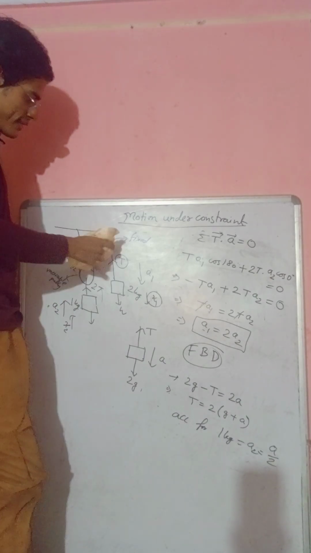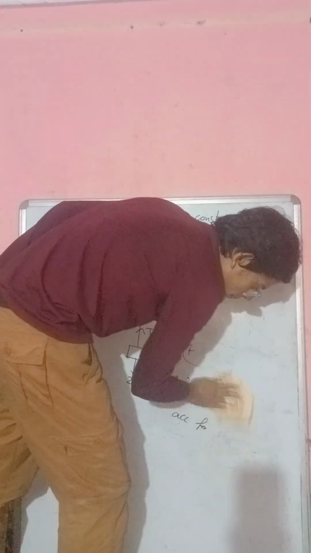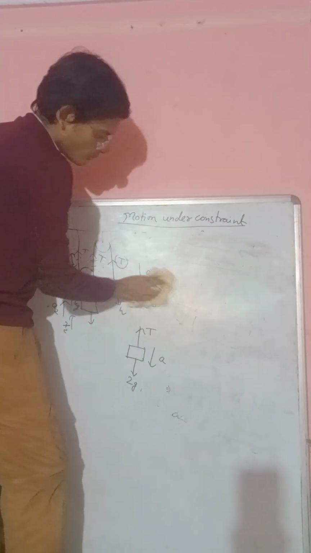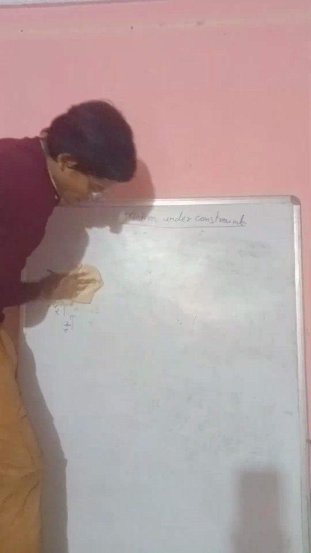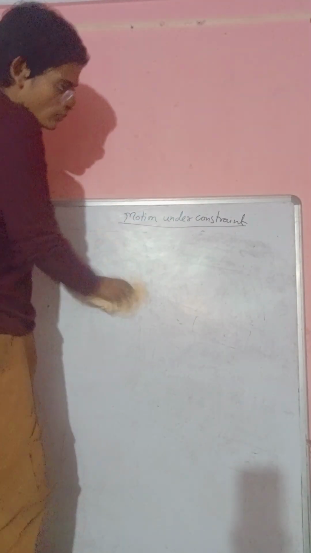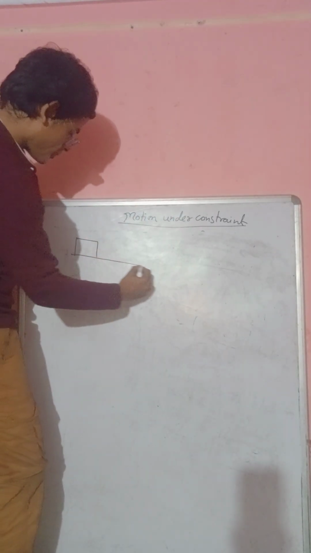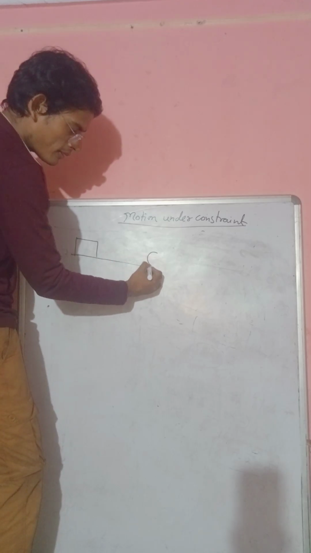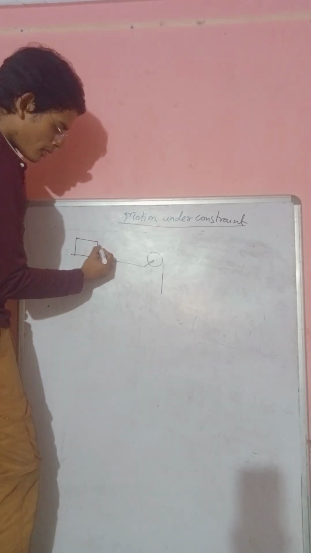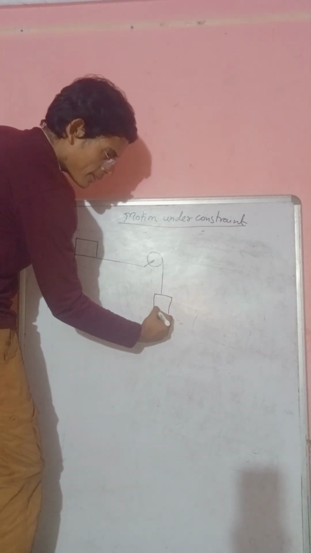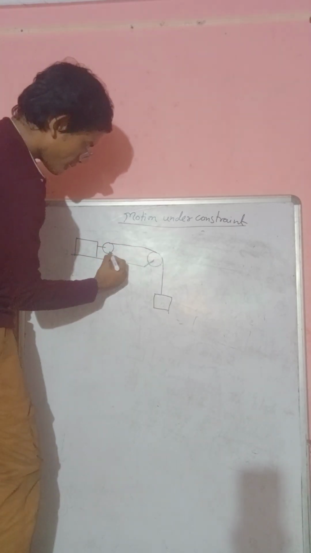Let's take another example. So here there is a block and there is a fixed pulley. There is a mass attached, and the pulley goes here.